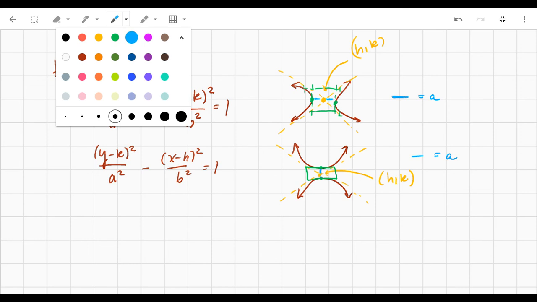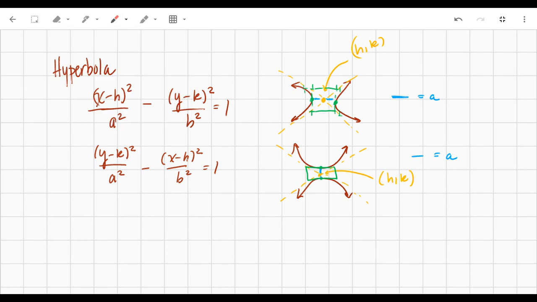And then you might guess that the other dimension here is b. I suppose I could draw it the other way. So the boxes are going to be a dimension 2a by 2b. So this would be 2b, that side of the box, and this would be 2a.